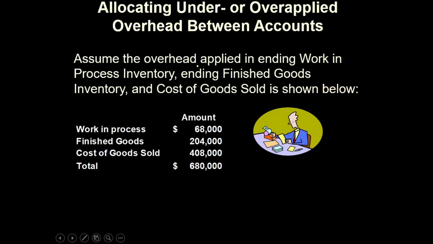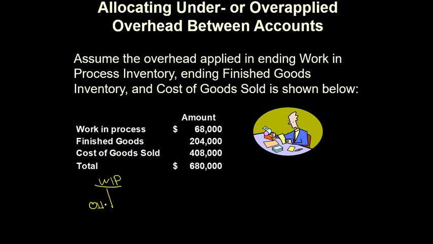Okay. So what if it's being allocated to work in process, finished goods and cost of goods sold? Or ang question muna ay, Sir, bakit pupunta muna sa work in process, finished goods and cost of goods sold? Kasi if you have your T accounts, no, starting from your work in process, you have here your overhead. Okay? Saan pupunta yan?